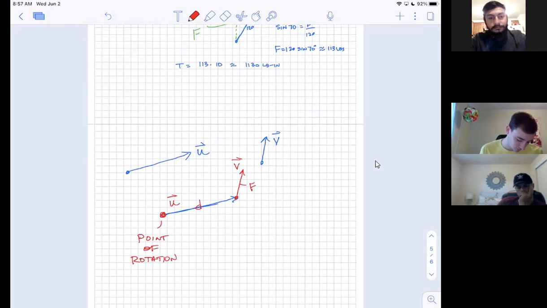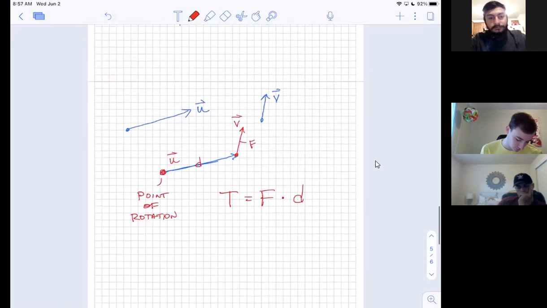So if torque equals a force times a distance, then wouldn't our distance be the magnitude of vector u? Isn't that true? It's how long it is, right? That's what we want u for, is to know how long it is. And so that's what the magnitude does. So I know that now.